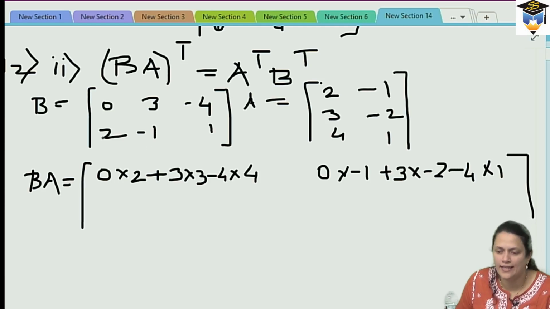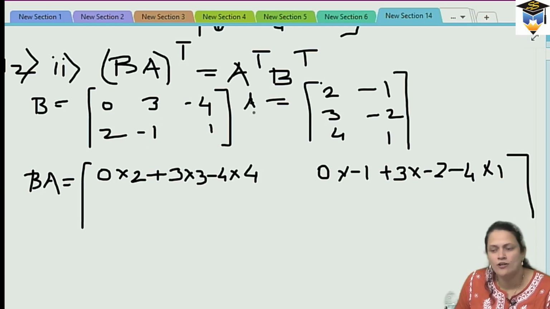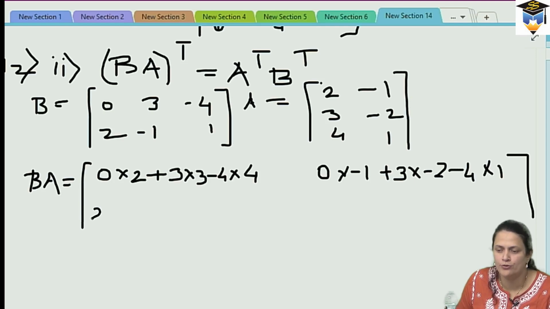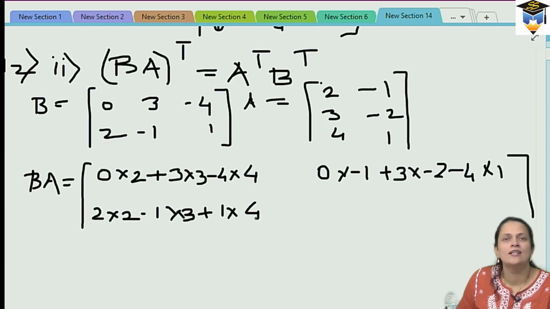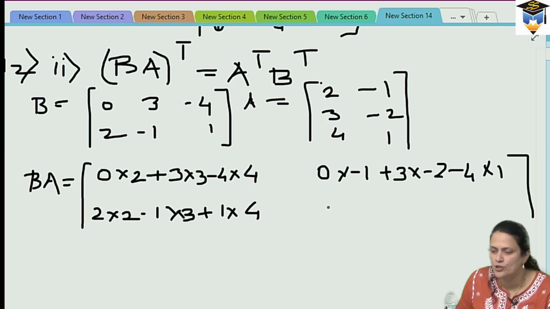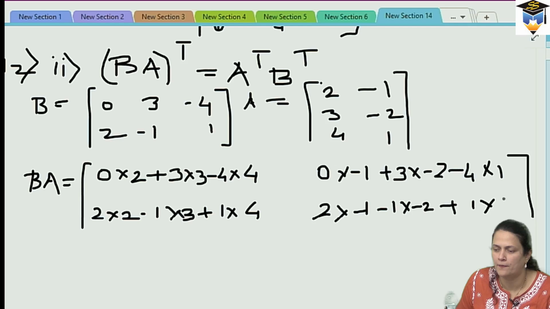Then next, second row first column. So 2 into 2 minus 1 into 3 plus 1 into 4, and then second row second column. So 2 into minus 1 minus 1 into minus 2 plus 1 into 1.